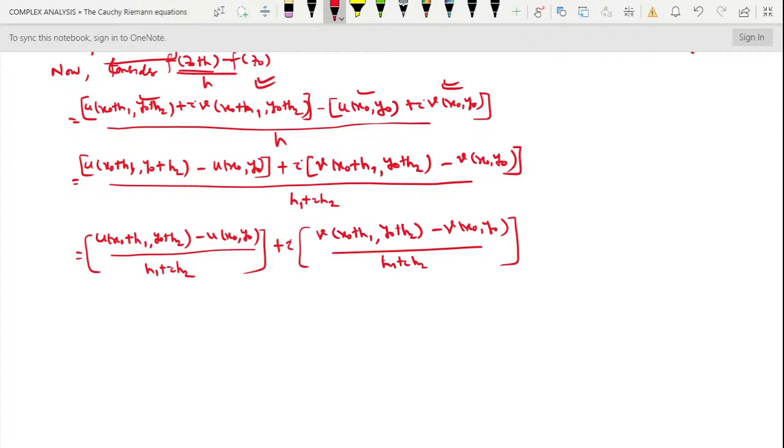Okay, so the f of z naught plus h minus f of z naught divided by h value is this much.